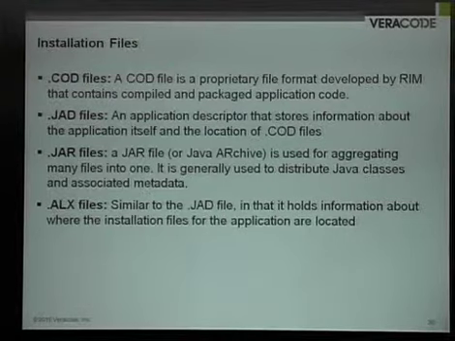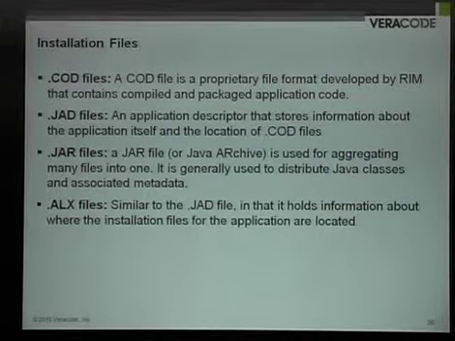So the installation files themselves are the code files. It's a proprietary format developed by RIM. It contains the compiled and packaged application code. We have the JAD files, which is essentially a descriptor that provides pointer and metadata information about the code file, holds a URL pointer and other items. That one's required for over-the-air installation. We have a JAR file, which is exactly like a Java JAR file.